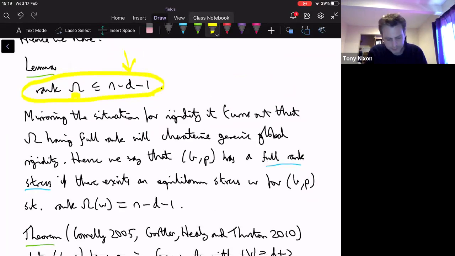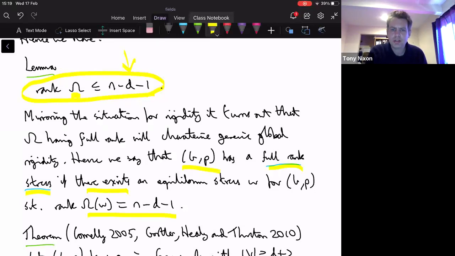Okay, so yeah, I guess I sort of said all this already. So in rigidity, we cared about maximum rank rigidity matrices. For generic global rigidity, it'll turn out what we're caring about is exactly maximal rank stress matrices. So I'm going to say that a framework (G,p) has a full rank stress if there exists an equilibrium stress such that the rank of the stress matrix is maximal.